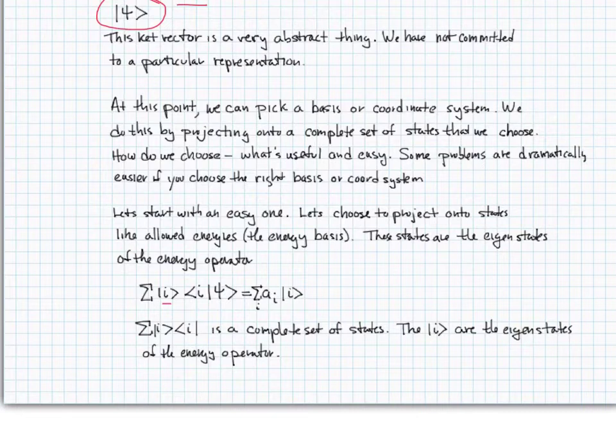Now, you'll notice what I did here was I did a sum, and this term is really projecting the general psi onto a particular |i>. It's sort of like picking out the components, right?